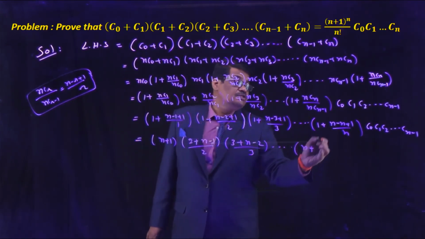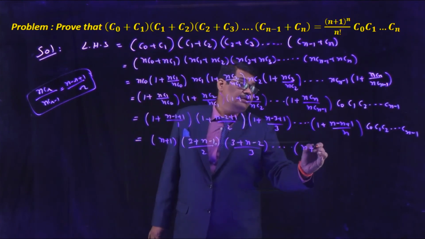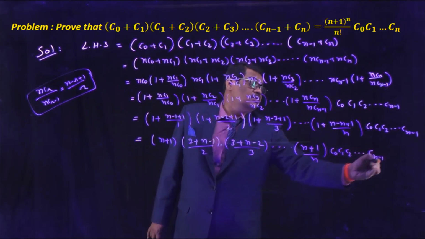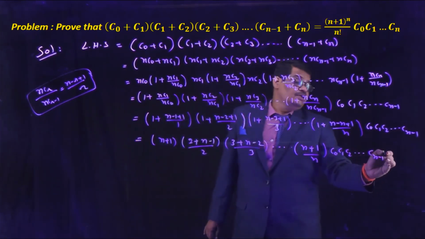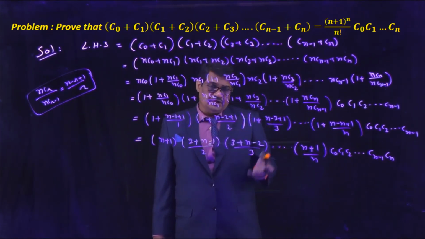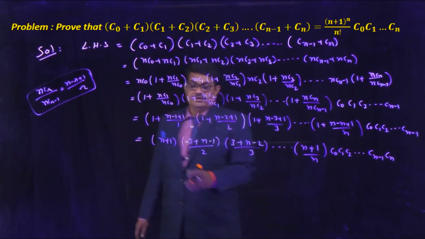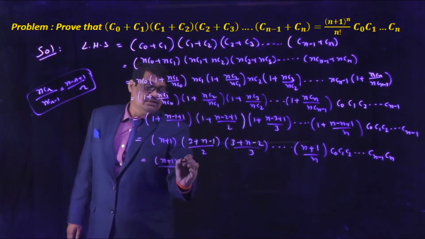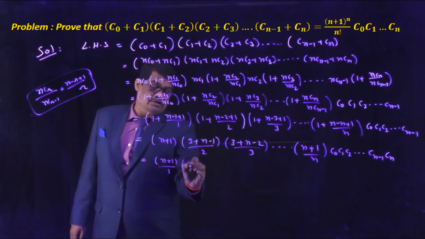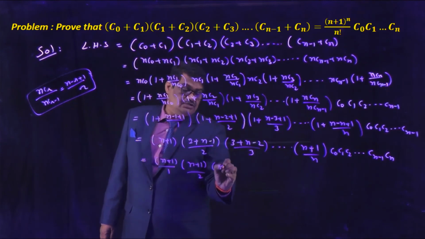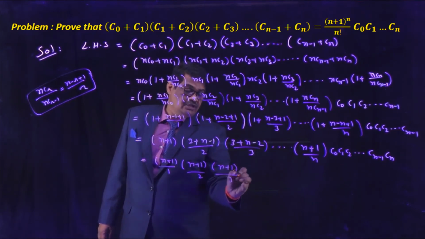Here n plus n is cancelled, we are getting (n + 1)/n into C0, C1, C2 and so on, Cn−1, and also we write Cn. What is the value of Cn? It is 1, we are multiplying with 1, there is no change. So this is (n + 1)/1, (n + 1)/2, (n + 1)/3 and so on.